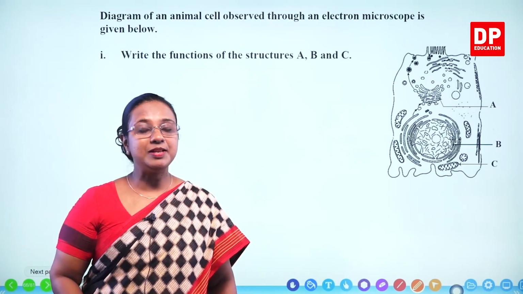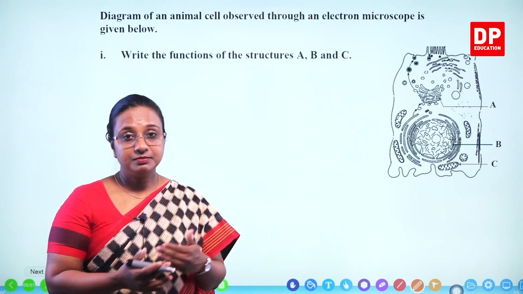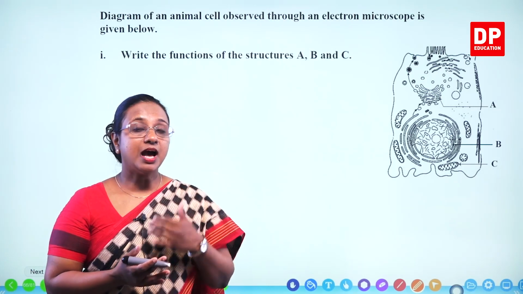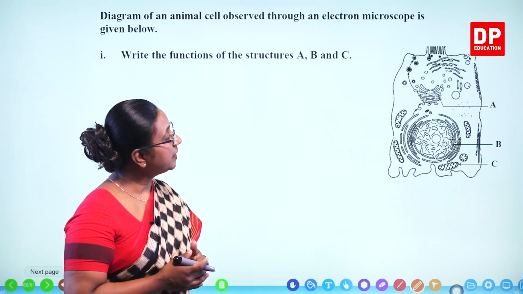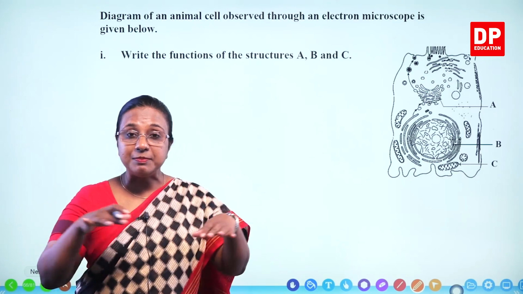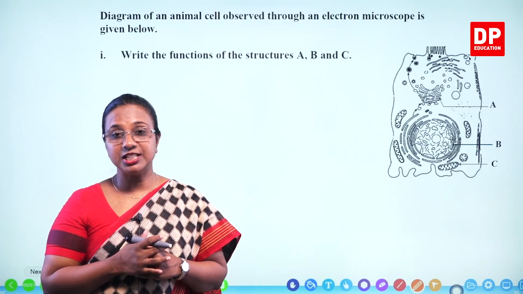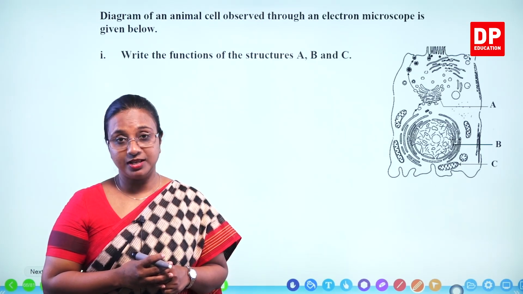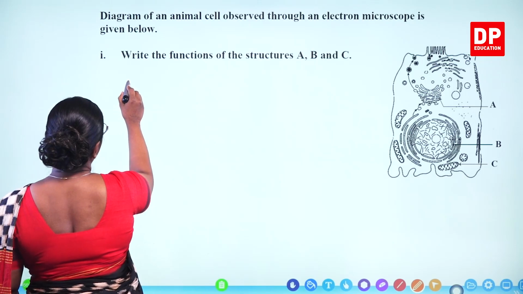You are very familiar with that structure. What is it? It is a Golgi complex. And how did you identify it? From the presence of the membrane-bound sacs arranged one on top of each other and the vesicles present around it. So, A is Golgi complex.